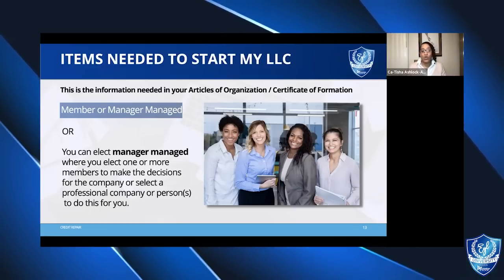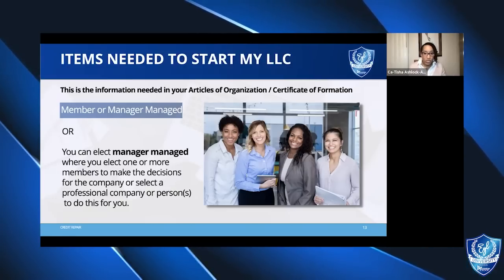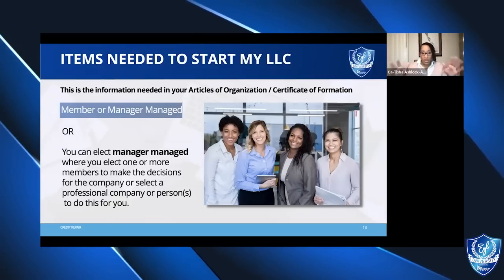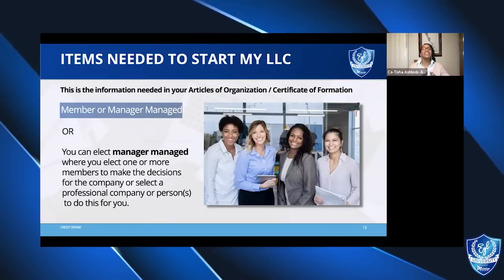Elect somebody you trust, or a company that you designate in this role. Make sure that you do your due diligence on these people, because if somebody buys some property and I don't know anything about it, I'm going to be looking crazy. Don't be that person. Make sure that you put people in place who you trust. Do your due diligence. Again, if needed, consult an attorney about how you should set up your company's management style.